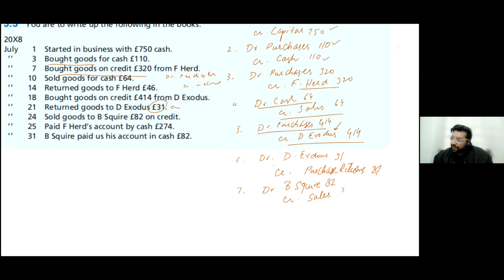Now, paid F Heard account by cash. We paid his account. Okay. Cash is going out, so an asset is decreasing for sure.